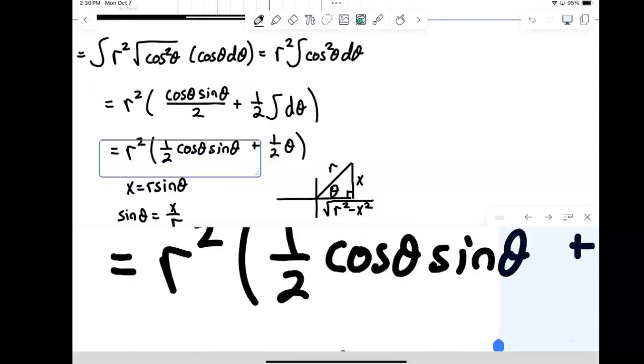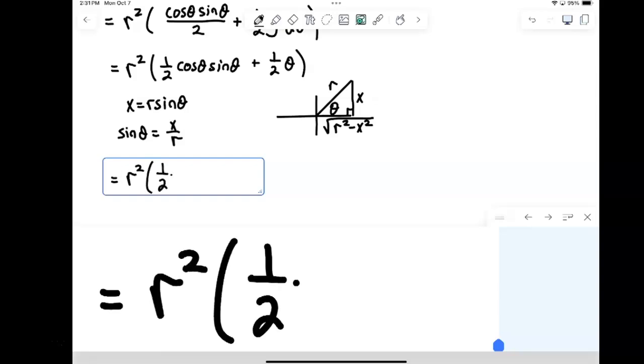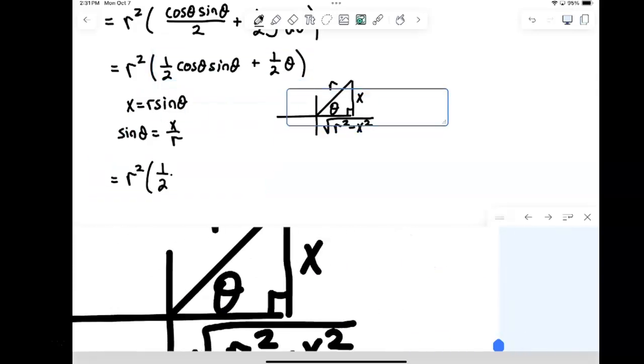In terms of x, our integral will be r squared times 1/2 times the cosine of theta.